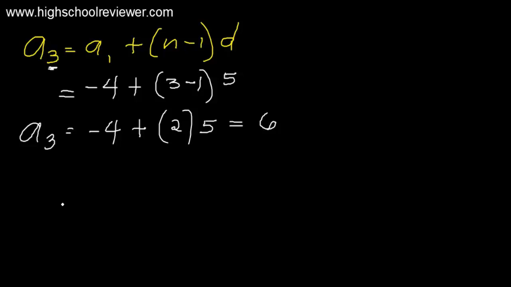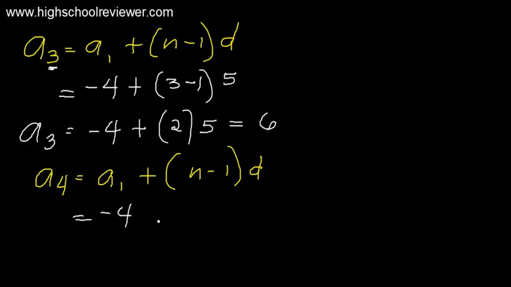Let us now find the value of the fourth term, or a sub 4. Okay, so the equation for a sub 4 is a sub 4 equals a sub 1 plus n minus 1 multiplied by d. Our a sub 1 is equal to negative 4 plus n minus 1.